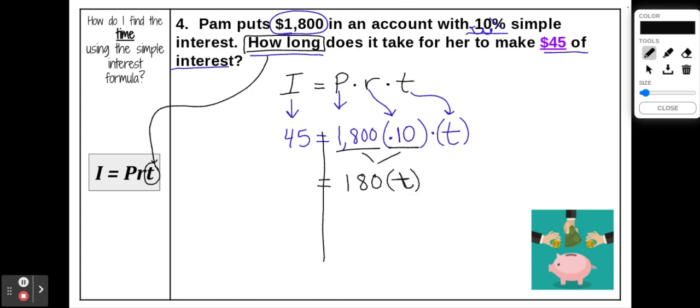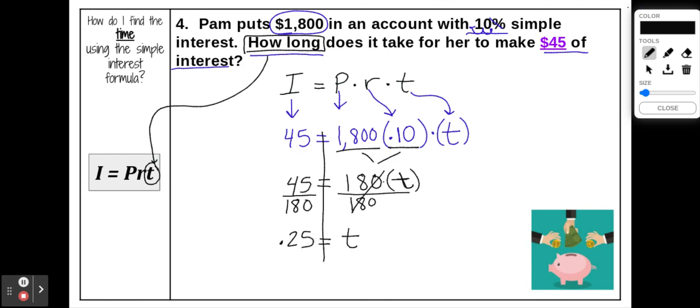And we got 45 over here. Now to get the T by itself, remember it's being multiplied, so we undo that with divide. Divide by 180. Remember, 180 divided by 180 is 1, and we get the 1T. Time equals, and now if I divide this side over here by 180, 45 divided by 180, you will get 0.25.